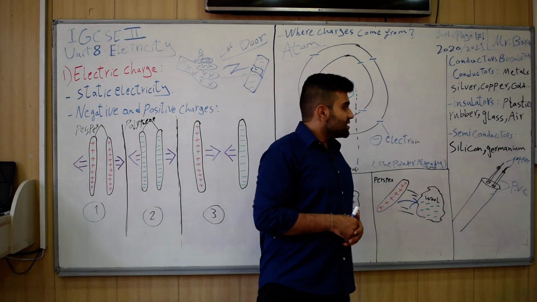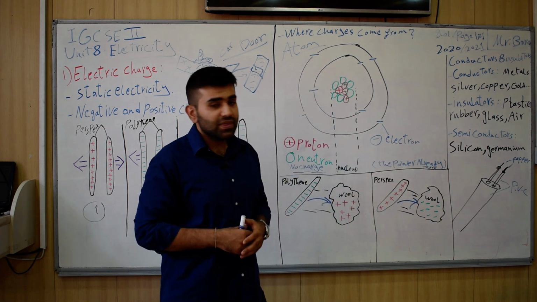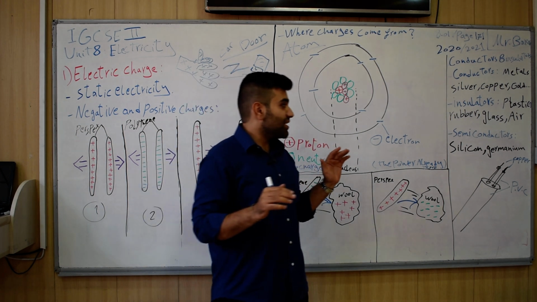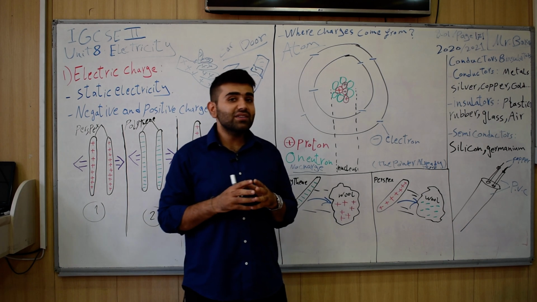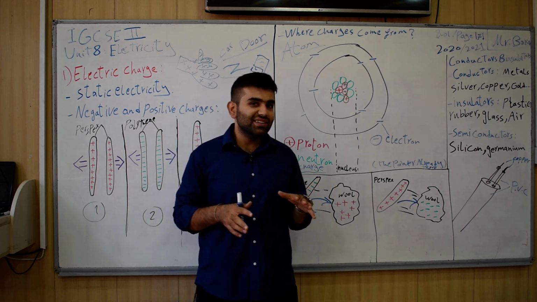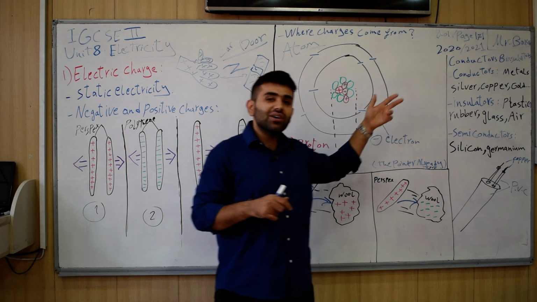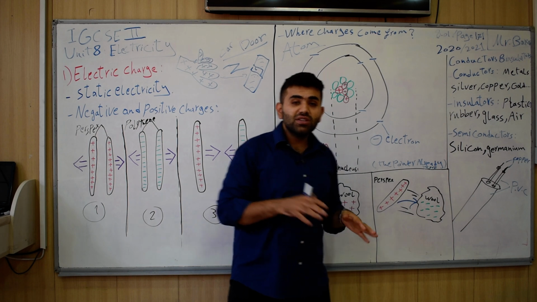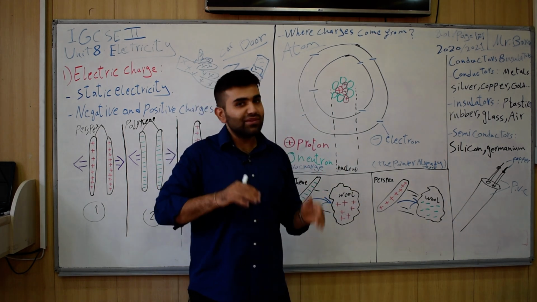The last part is semiconductors. Semiconductors are very interesting because when they are cold, they are very bad conductors, but when they are warm, they are good conductors. So a semiconductor, let's say, is half by half.